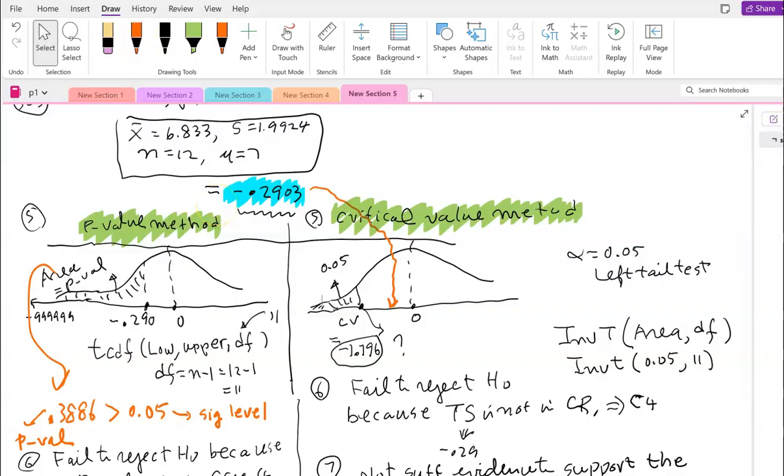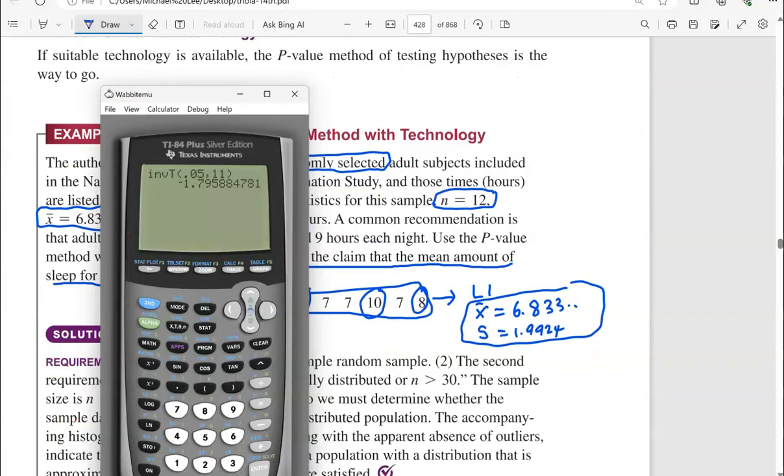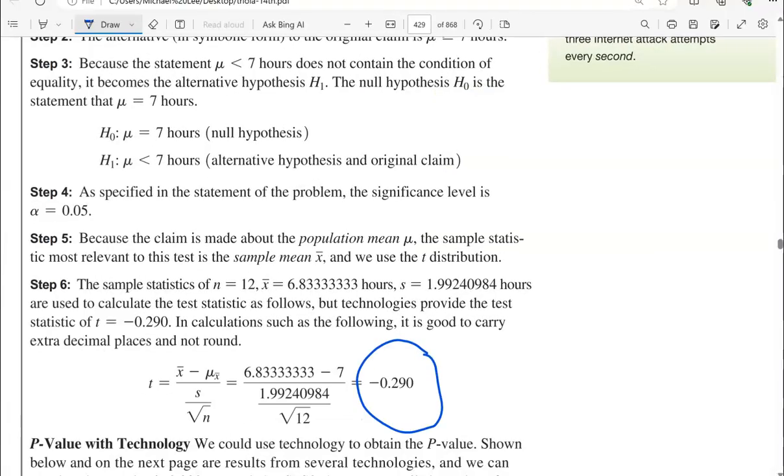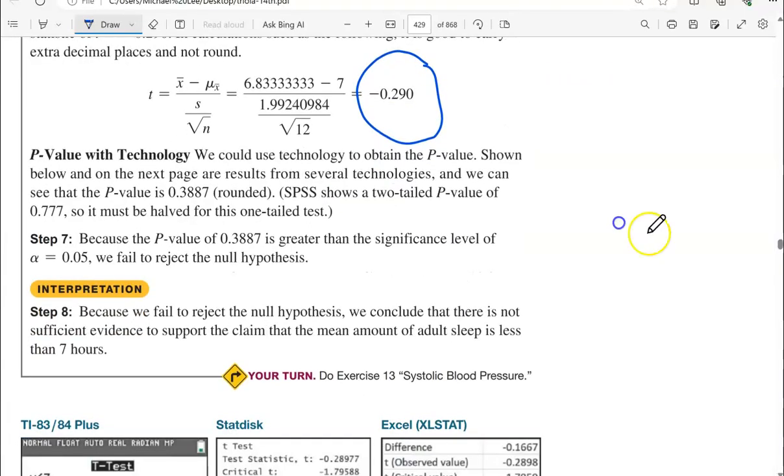Okay, so now let's go back to the textbook. If you read the final conclusion here, because the p-value is greater than the significance level, 0.3887 is greater than 0.05, that's what it means.